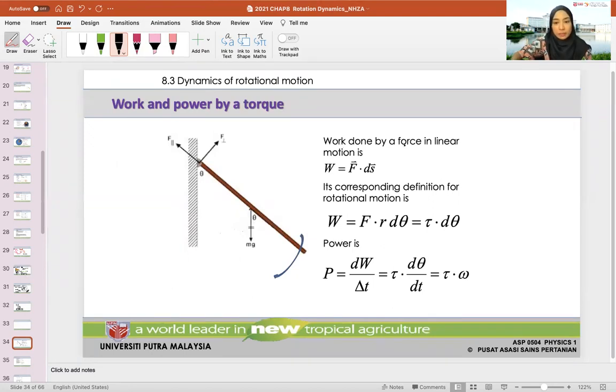So work done by a force in linear motion is given as W equals F dot ds. Now remember, s is equal to r theta, right? We learned this in chapter 7, good. And we know that v equals r omega and a equals r alpha.